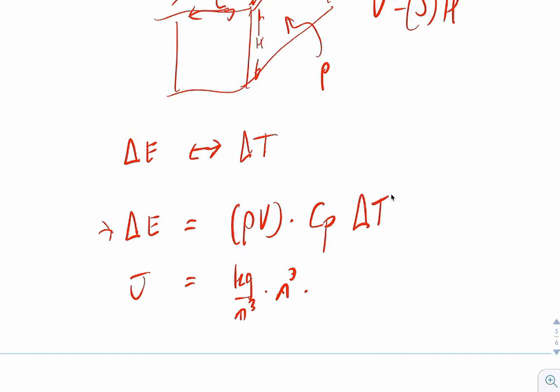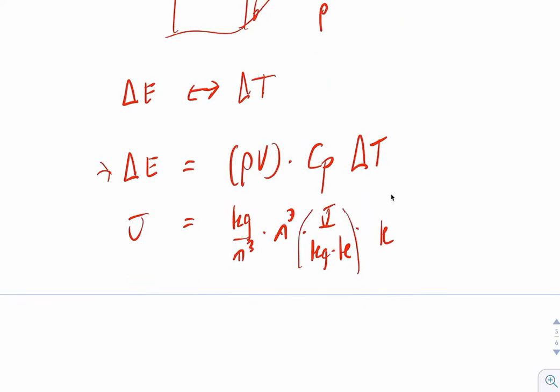So times joules per kilogram Kelvin, that's the units of the specific heat, times delta T. I need to write the units for delta T: Kelvin. So let's cross our units. Kilograms are gone, Kelvins are gone, so we get joules. Joules equals joules, the units check out.